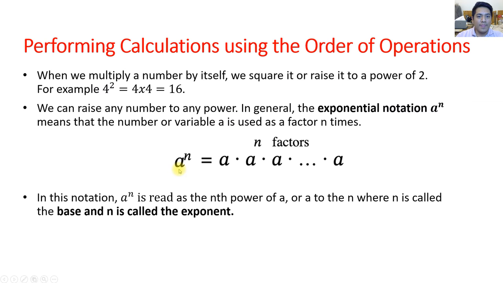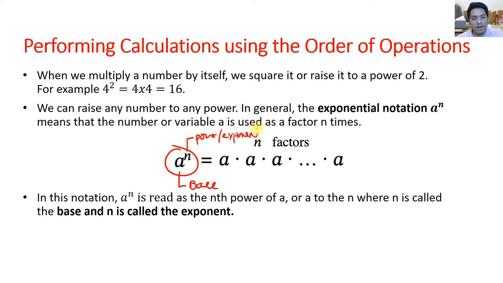Now we go to performing calculations using the order of operations. When we multiply a number by itself, we square it, or raise it to the power of 2. For example, 4 squared is 4 times 4 equals 16. We can raise any number to any power, written as a raised to n, where a represents the base and n represents the power or exponent.